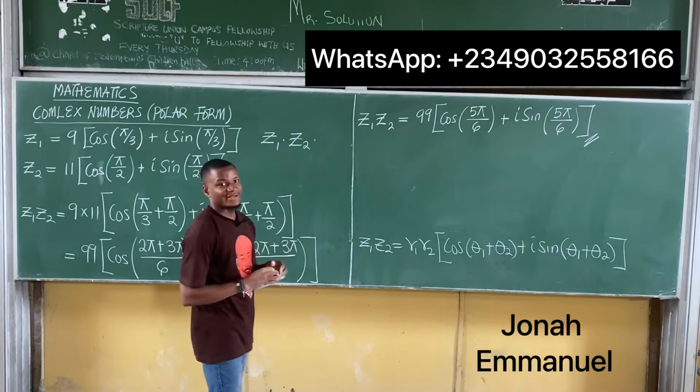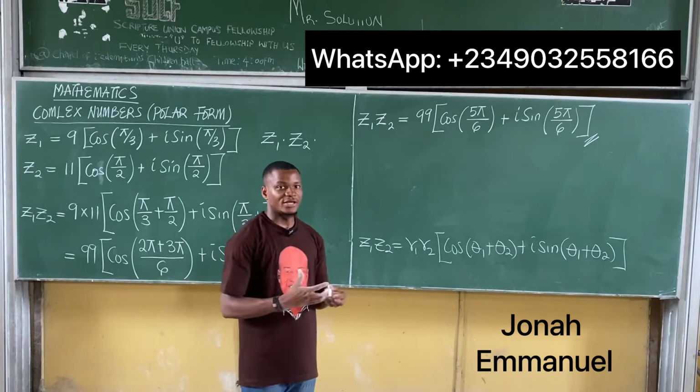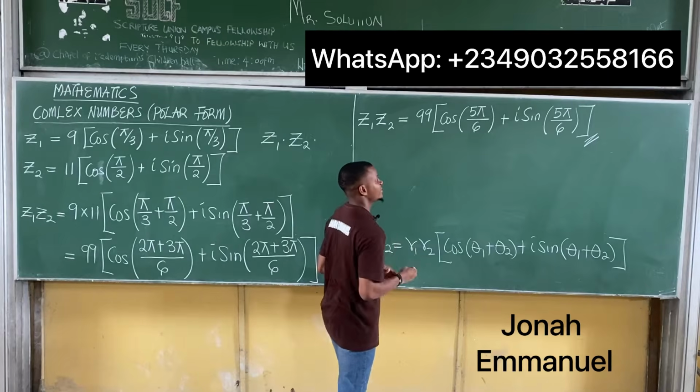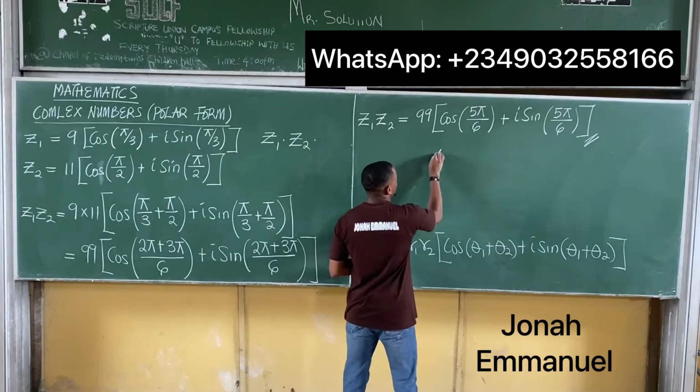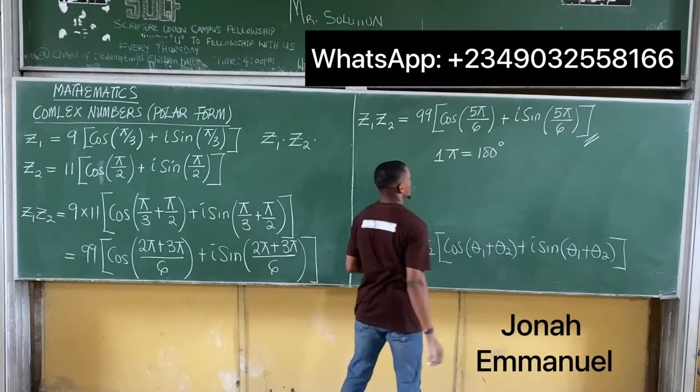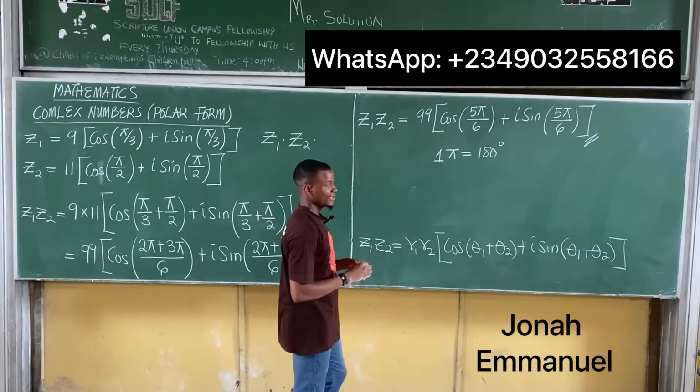If you're asked to provide this value in terms of degrees, they say leave your answer in terms of degrees, what do you do? Very simple. We said 1 pi is equal to 180 degrees. So simply replace pi with 180 degrees there.